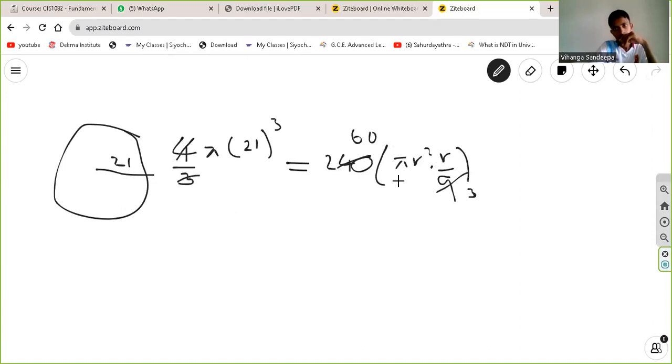Pi to pi cancels. Then 3 into 21 to the power 3. This is cross multiplication. 4 cancels. 16 r to the power 3.